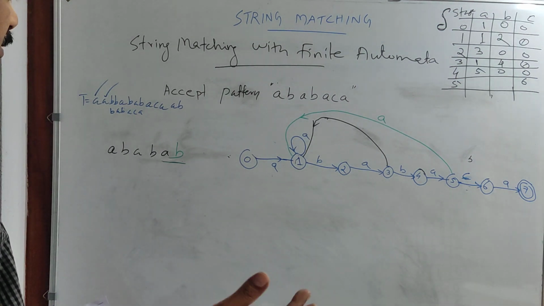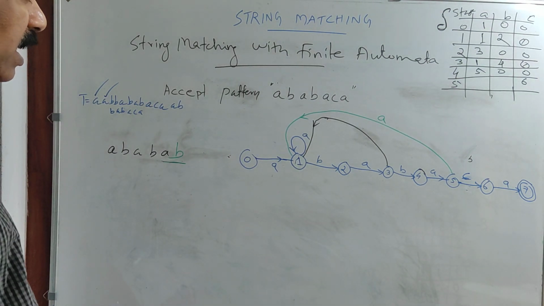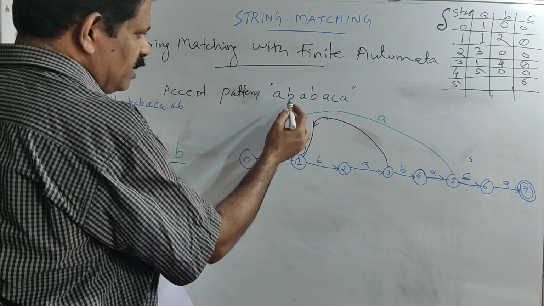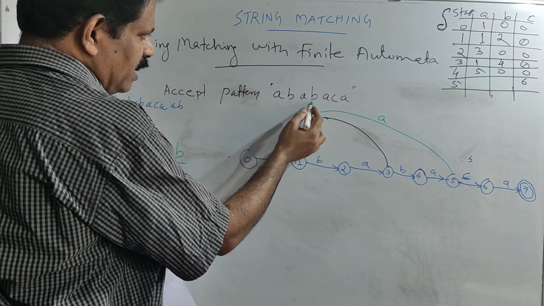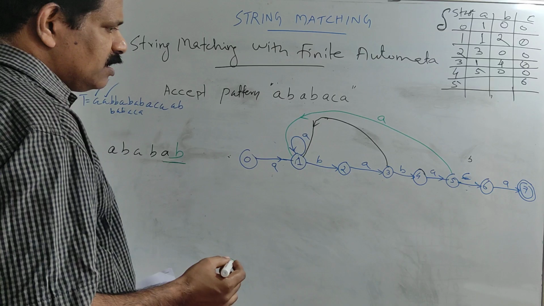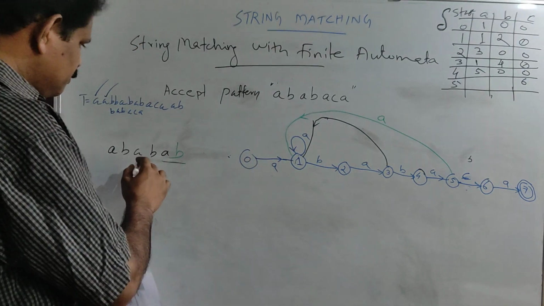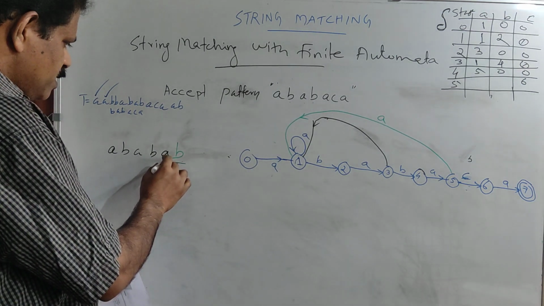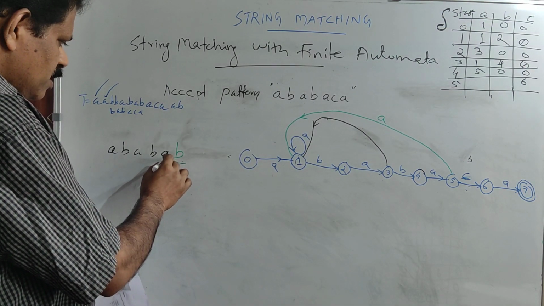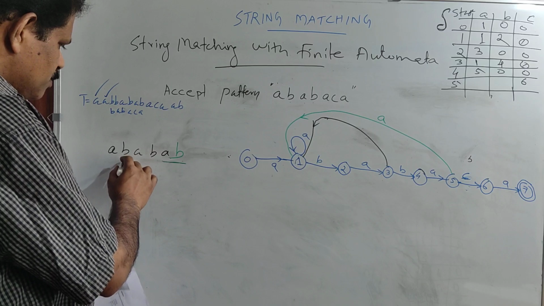That is something like A B, then again A B. The previous characters also A B, isn't it? This is B. Consider up to this.